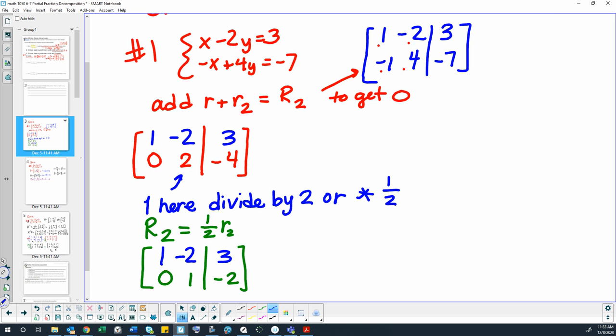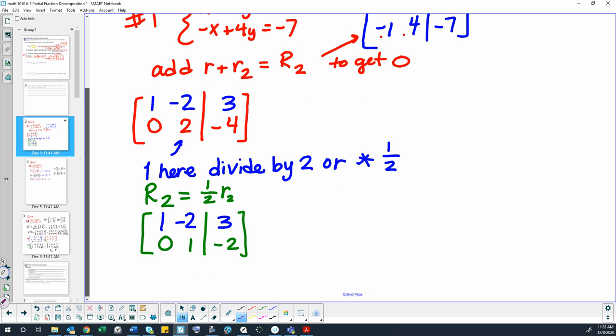Okay, then the last thing we want to accomplish here is we want to get a 0 in this spot right there. So to do that, we're going to get a new row 1 by taking our old row 1 and adding it with 2 times the new row 2. Well, and now it's new row 2. We're moving on.